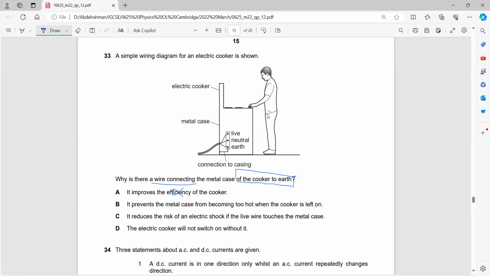No. It prevents the metal case from becoming too hot? No. It reduces the risk of an electric shock if the wire touches the metal case. Yes, if you have a metal case, then you need an earth wire, to reduce the risk of an electric shock. This is the purpose of an earth wire.